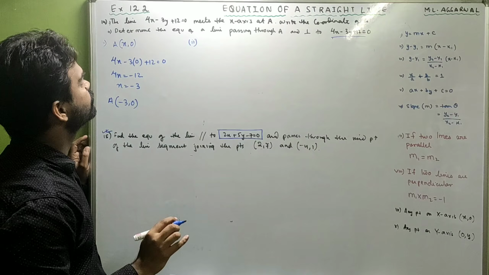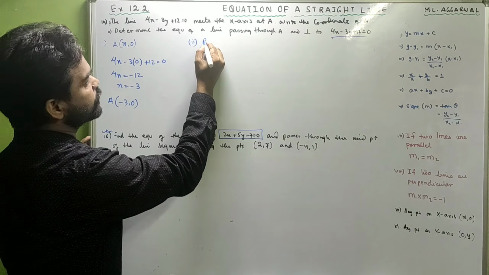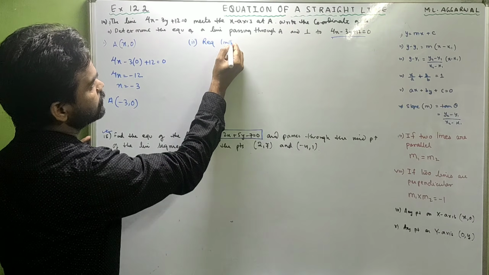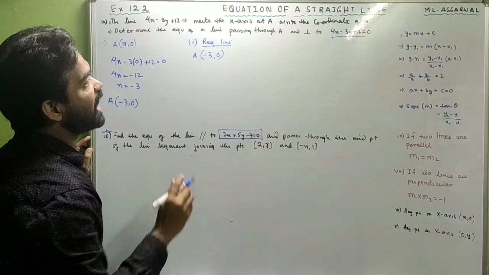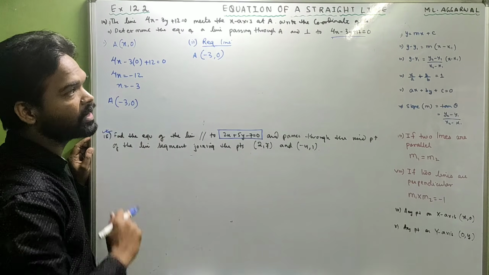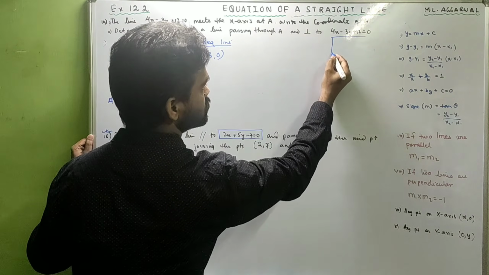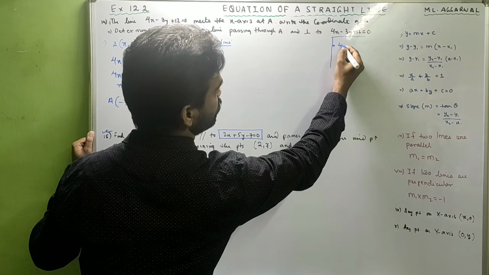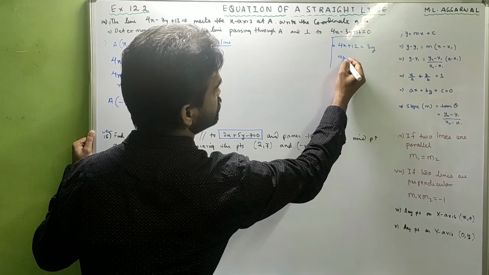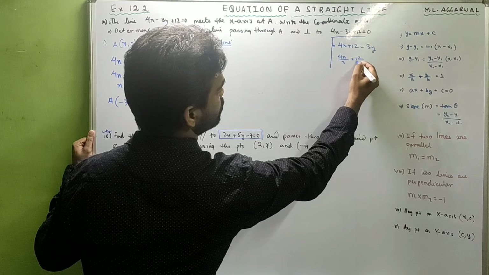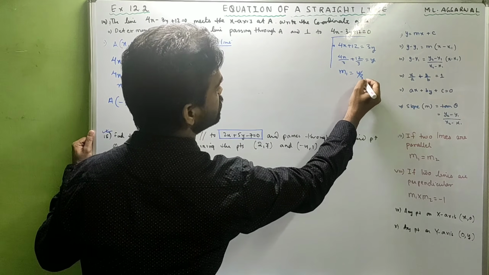The second part, determine the equation of a line passing through A, which means your required line passes through A and is perpendicular to 4x minus 3y plus 12 equals 0. So first find the slope of this. 4x plus 12 equals 3y, which means 4x by 3 plus 12 by 3 equals y, which means slope m1 is 4 by 3.